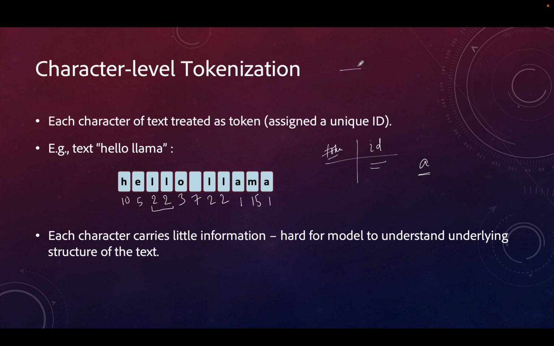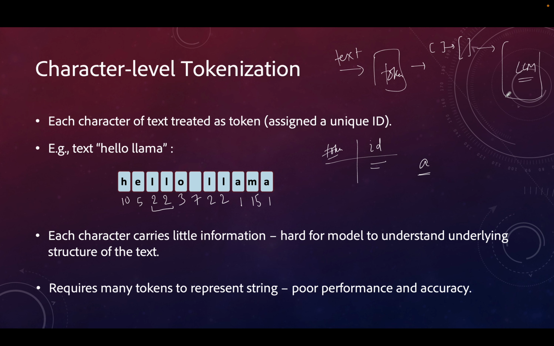We have a text, it's passed to tokenization, we get these numerical IDs, which are further converted into embedding vectors, and then these are consumed by our LLM models. These characters do not contain much information, and the model will not be able to learn much from this kind of tokenization. Also, it requires many tokens to represent a small string.